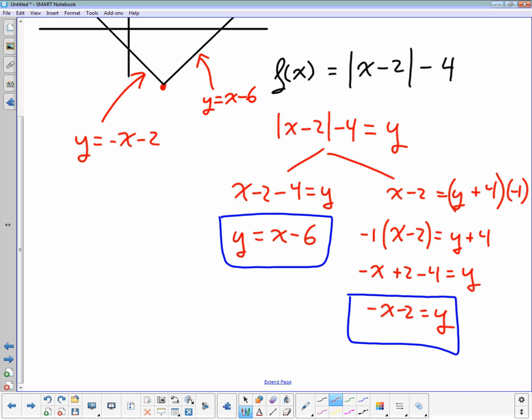Now that we've broken it up into two smaller pieces, we can integrate from negative 10 to 10 by splitting it up. You would just go from negative 10 to 2 for the function on the left, and then from 2 to 10 using the function on the right, because my vertex is at 2.